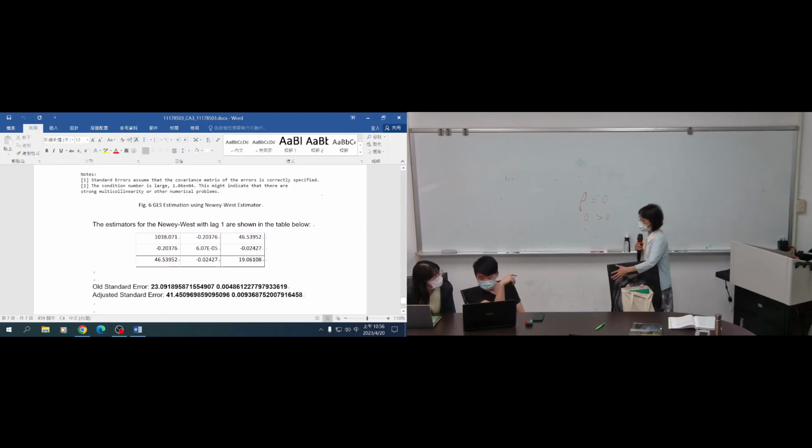It should be matched. Look at your result with Newey-West. So all different. The coefficient is different, and the standard error is different. Yeah, the same as OLS.